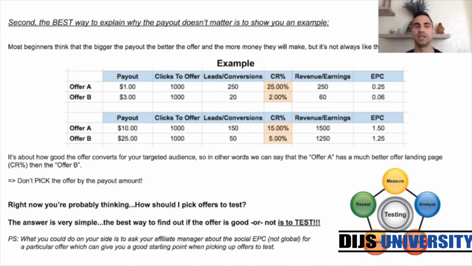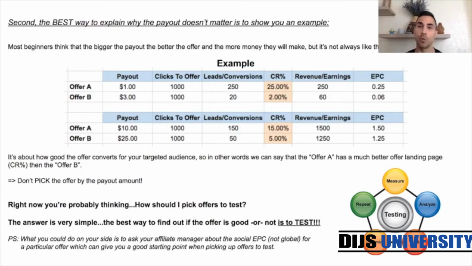So this could be different elements. It could be that the offer landing page from offer A has a much better looking landing page. So they put more effort to build and create the landing page, which gives you the better conversion. It can have better ad copy, so the landing page copy.